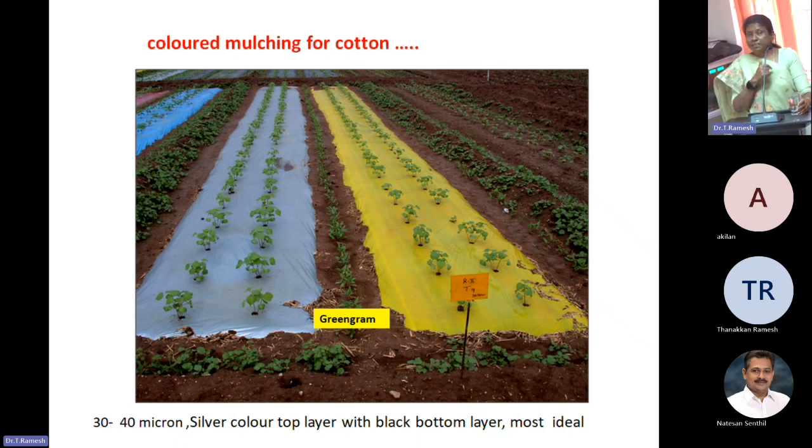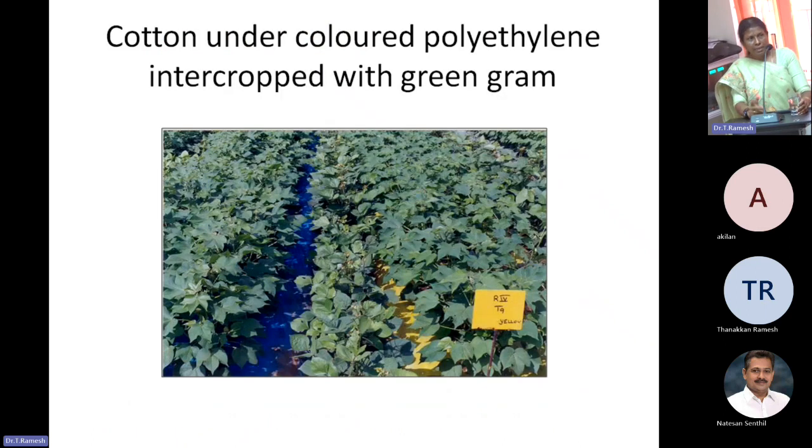It attracted pests. White color had fewer pests because of its reflective action, whereas this yellow color attracted them, maybe that is why this yellow trap concept might have come. Even at this stage itself you can see the difference in the plant. A lot of pest problem we obtained under this yellow color.